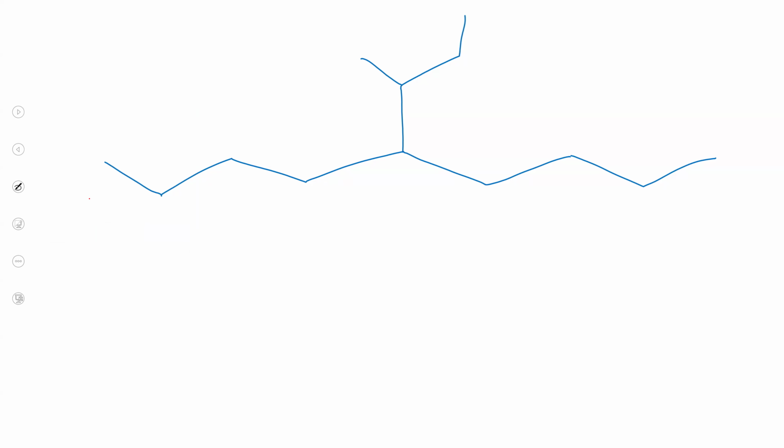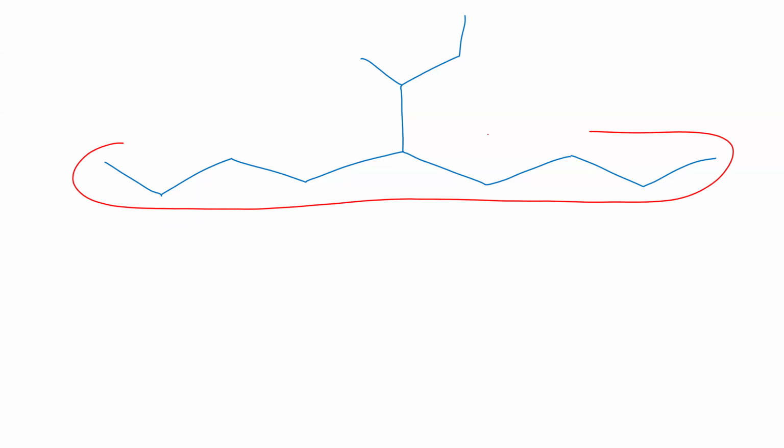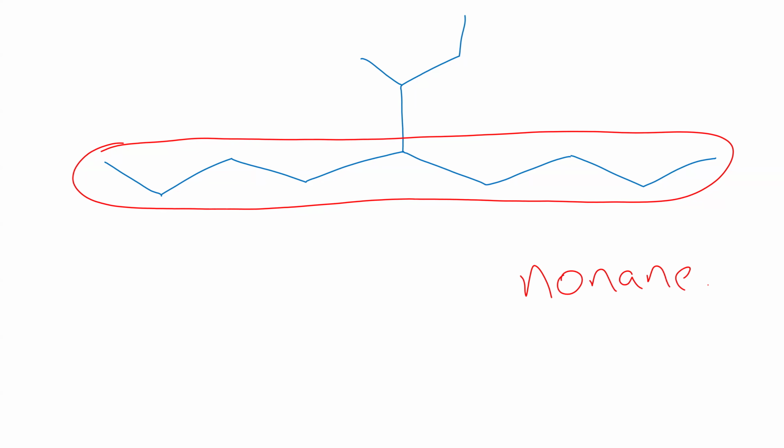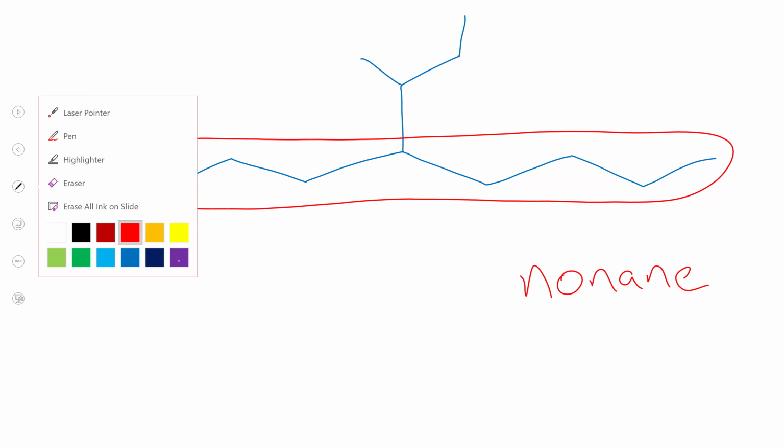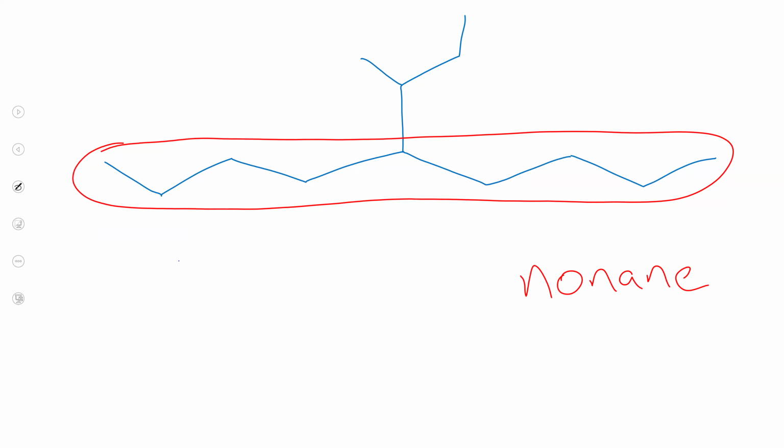2, 3, 4, 5, 6, 7, 8, 9. So it's nonane. And your longest continuous carbon chain that starts attached to the parent molecule, is it 3 or 4? 3.